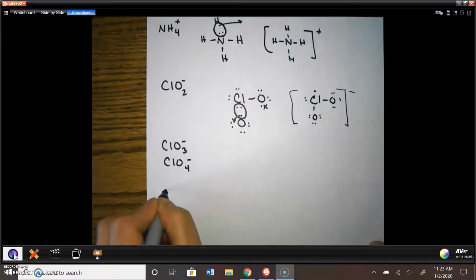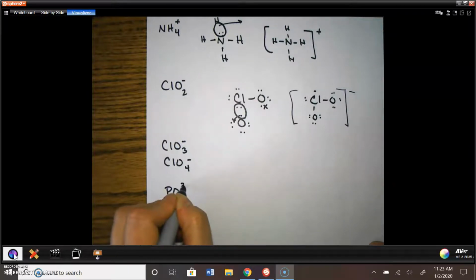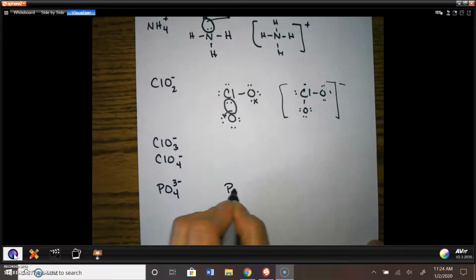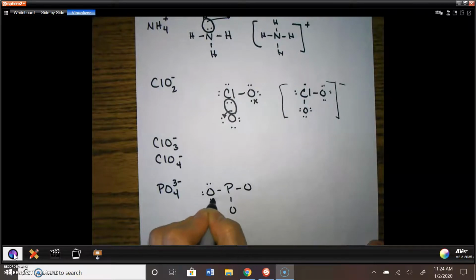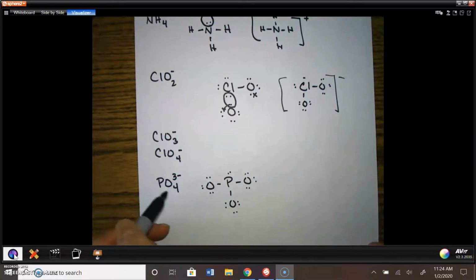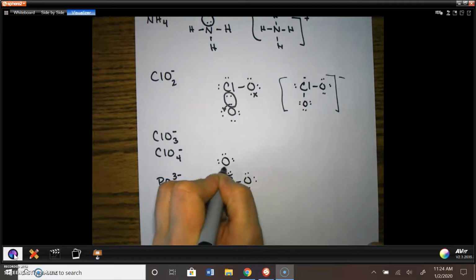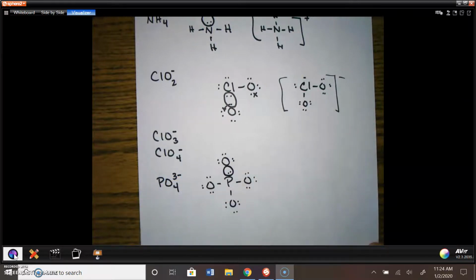You're going to see the same kind of thing happening, for example, if I do phosphate. We did phosphite in the last one. If I do phosphate in this one, think about how phosphite looked like that. Where is the 4th oxygen going to go? The only difference from phosphite is this 4th oxygen. Well, you can guess. Oxygen is going to coordinate covalent bond. It's going to move its electrons around and share that pair of electrons.